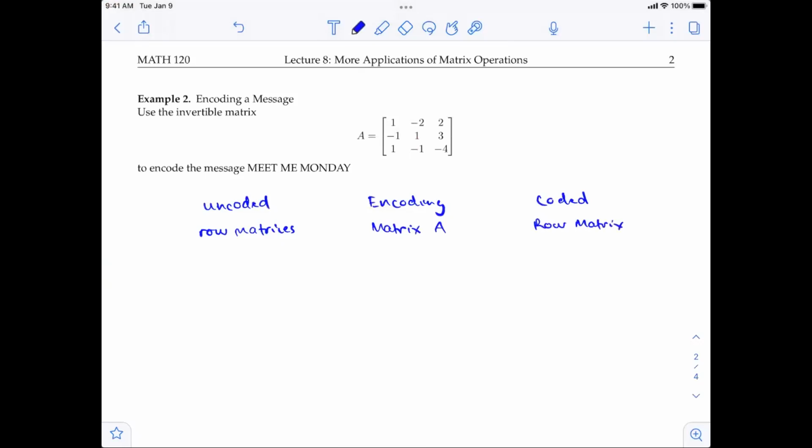What we do is take the uncoded row matrices and multiply with the encoding matrix A to obtain the coded row matrices.